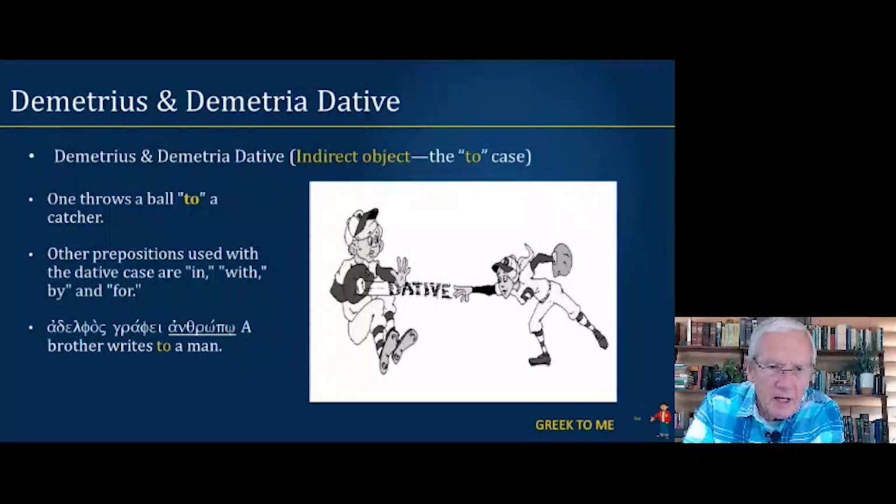Adelphos graphe anthropo. Now, adelphos is a masculine singular nominative. That's the subject. Graphe, present active indicative, third person singular, and anthropo is a masculine singular dative ending. That's the to case. So a brother writes to a man.